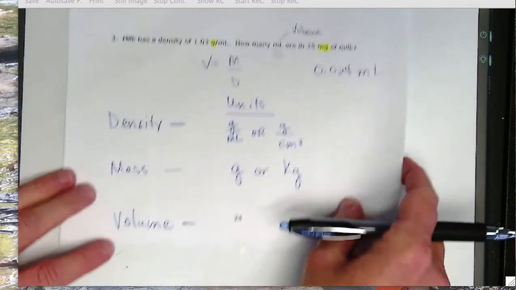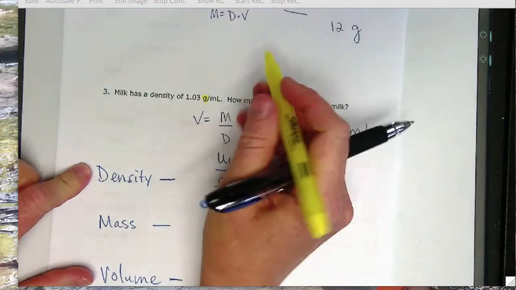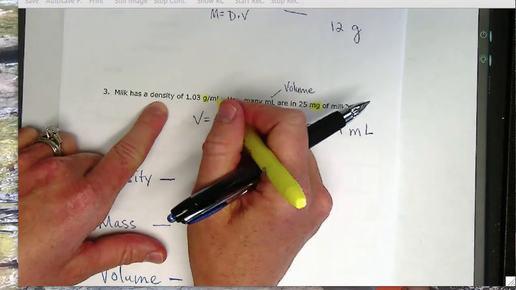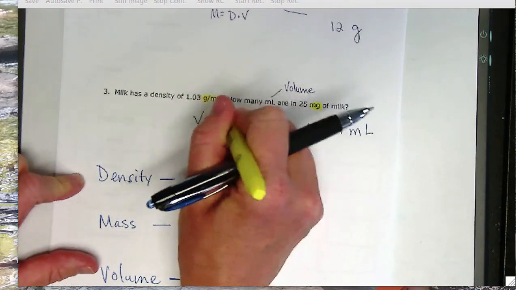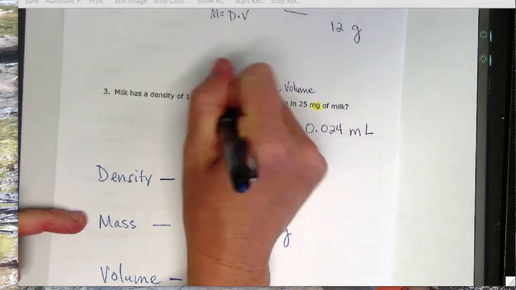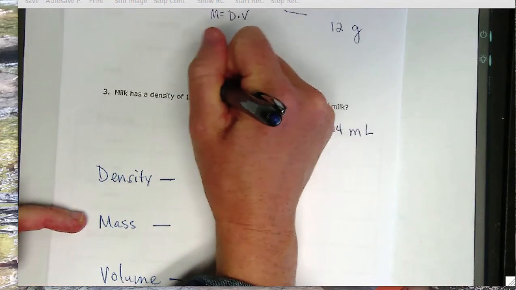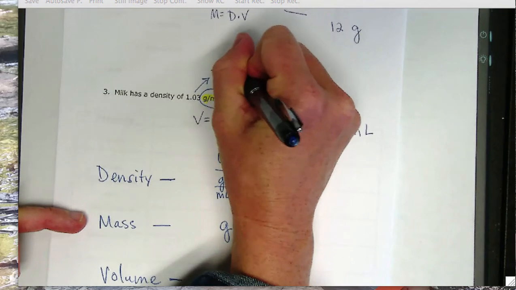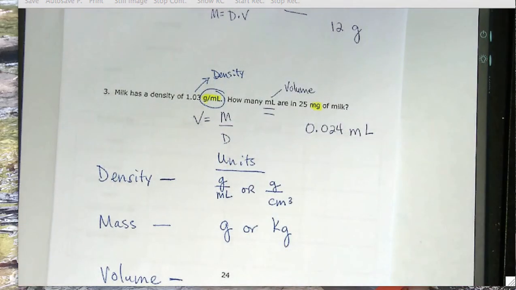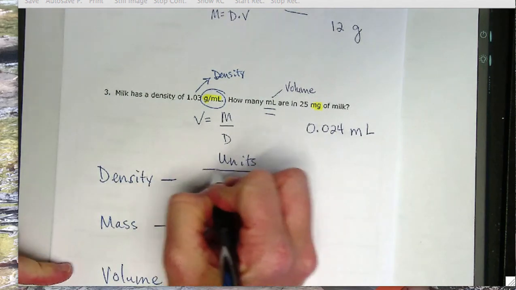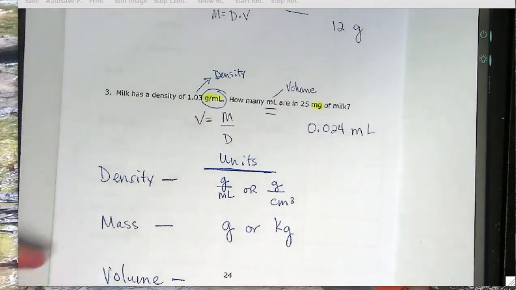Okay. So when you're working this problem, like milk has a density of, it says density, but sometimes you're just so freaked out. You say, oh wait, grams per milliliter, this number is density. So it's not units over grams over milliliters? No, this is just a table.